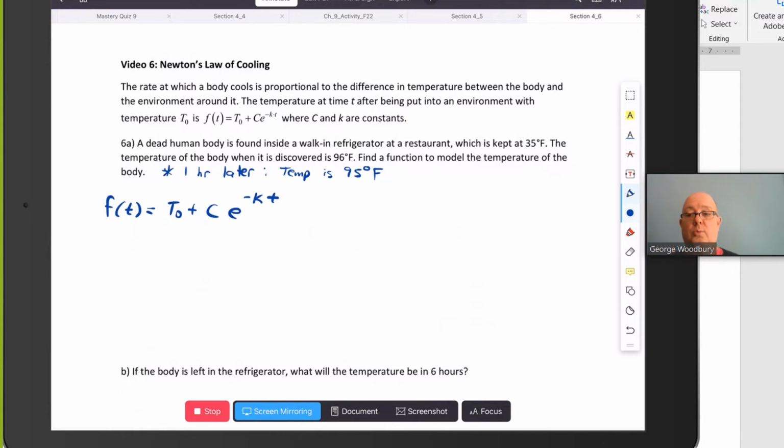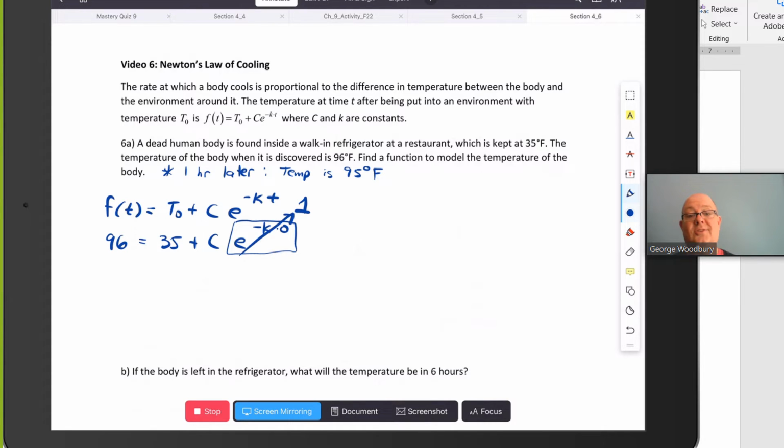What we know is when t is 0, when we found the body, the temperature was 96. So 96 degrees equals the refrigerator's temperature, 35, plus C times e to the negative k times 0 power. That's e to the 0 power, which is equal to 1.